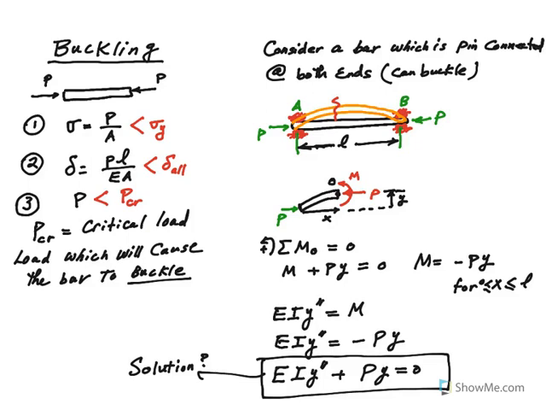So let's say you have a bar under a compressive load like P here. We know that we have to watch out for the normal stress sigma, which is simply P over A. Obviously, it must be less than yield or ultimate stress, usually yield, so you don't want to get into the plastic zone. So that's one thing to watch out for. Also, this guy could deform, so maybe you had set some allowable deformation.